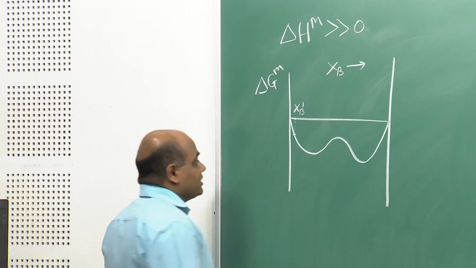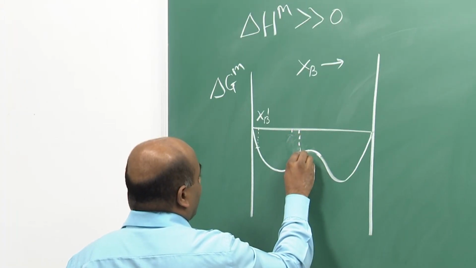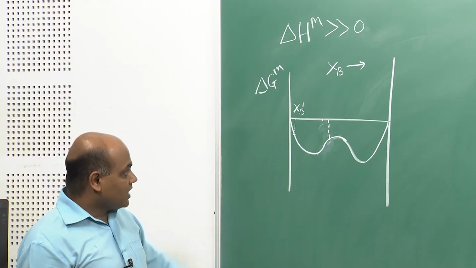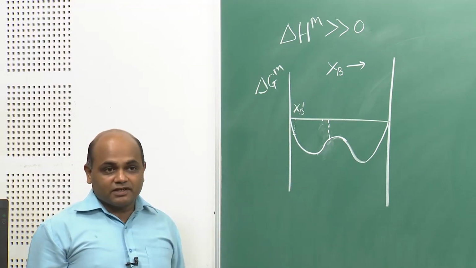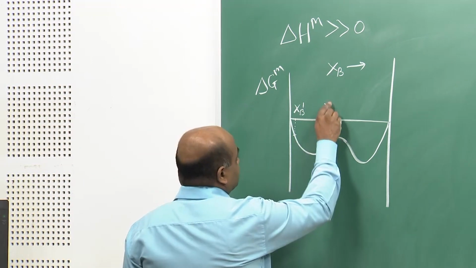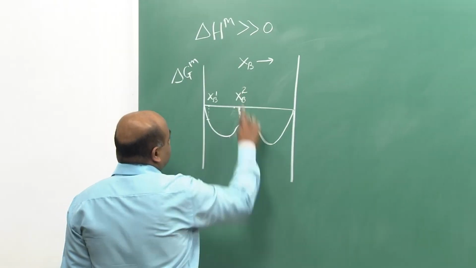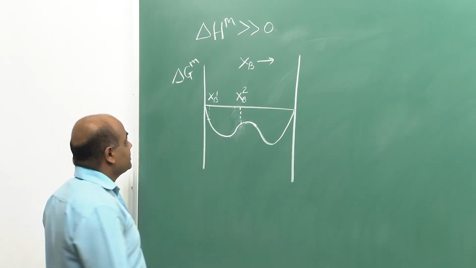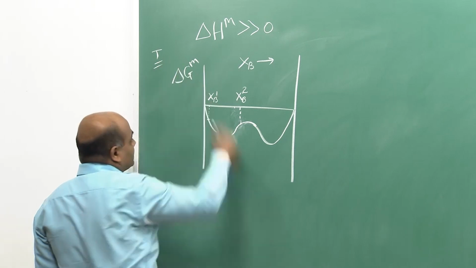What if I consider, suppose at higher temperature there may be a single phase solid solution at this composition, let us call this Xb2, and if I quench it to this temperature, the temperature that I am considering here.